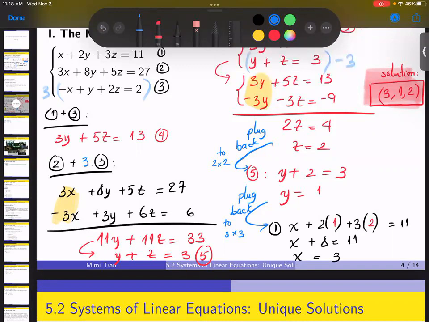So this is what has changed, so I would just go with it. You do the Y's first, the Z's first, then the X. I like to do the Z's first.